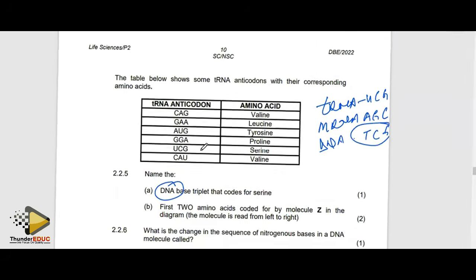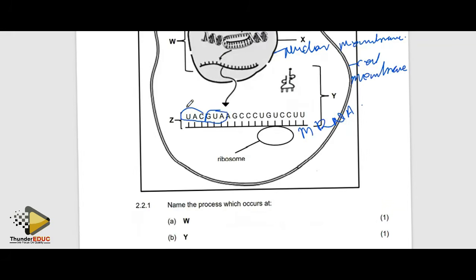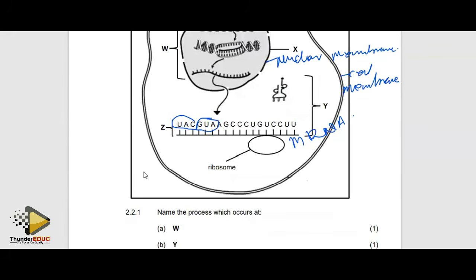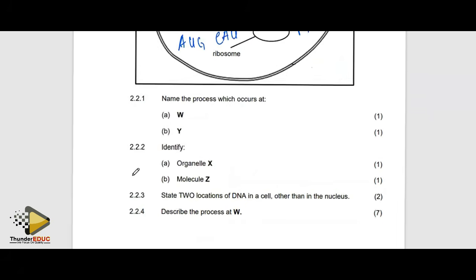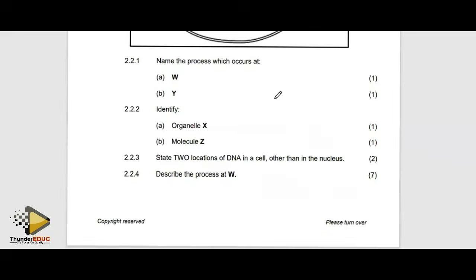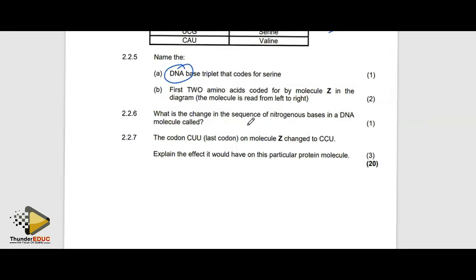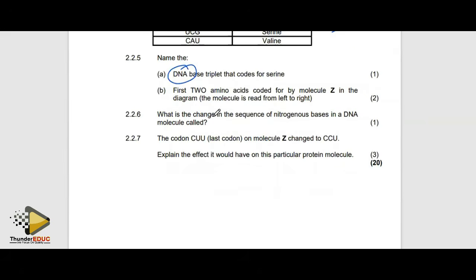I need to go to the table and check. Since it is transfer RNA, I have to convert this into U goes with A goes with U, and then G. And then another one is CAU. So AUG, I come here, I look for AUG, which is tyrosine, and then CAU, which is valine.